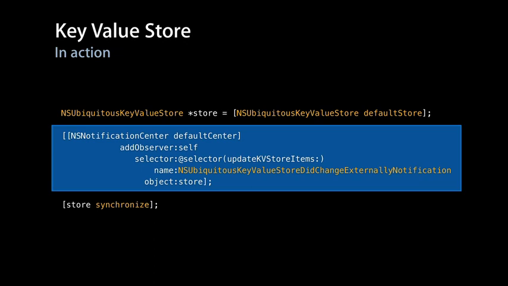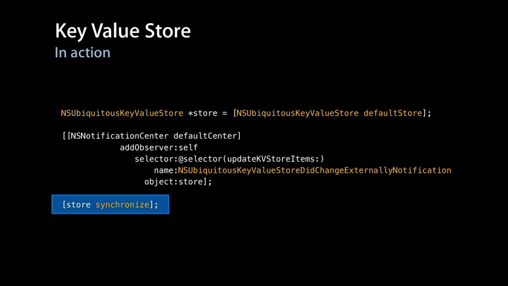This is going to be what lets you know anytime there's a change that's come down from the server that you should pay attention to. Now, as part of application launch, and only here, you also want to make sure that you call store synchronize after you've subscribed to this notification. This is going to be what basically reaches out to iCloud and makes sure that you have the most up-to-date information available to your application.